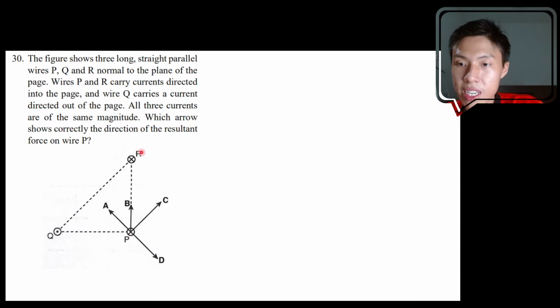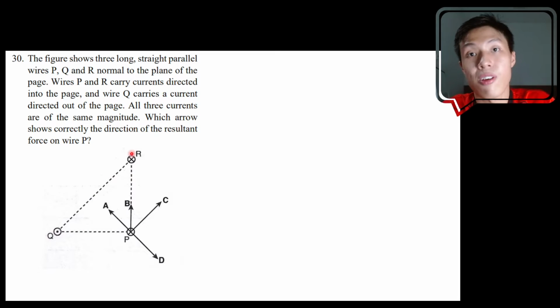So P and R are flowing into the screen, and Q is flowing out from the screen. All three currents are of the same magnitude. If they have 5 ampere, then all of them have 5 ampere.